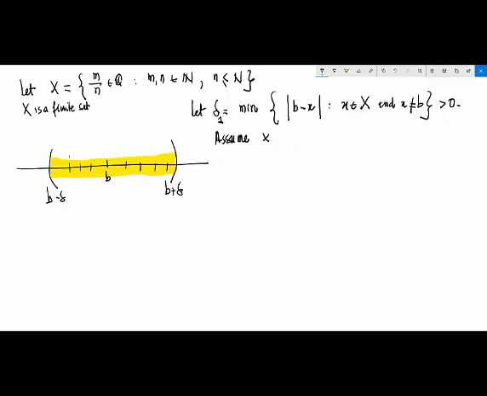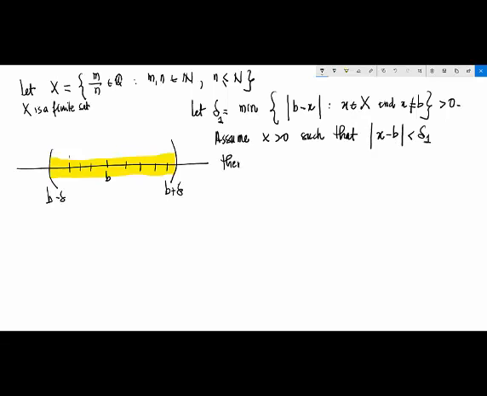Assume x is some real number greater than 0, such that the distance between x and b is less than delta 1.